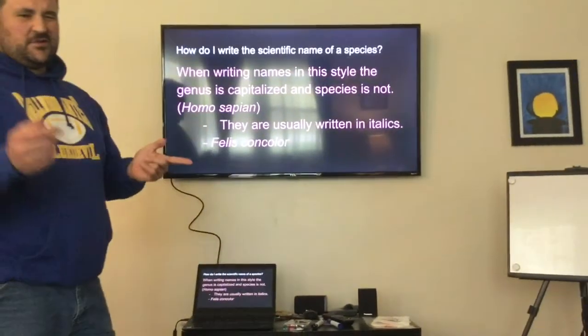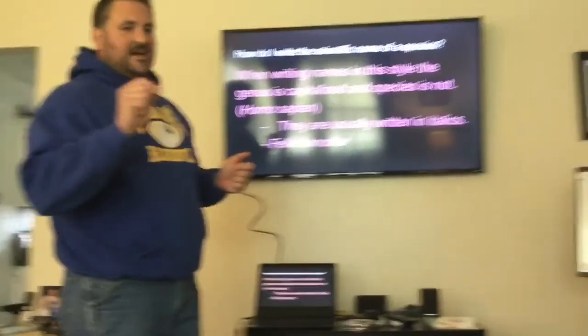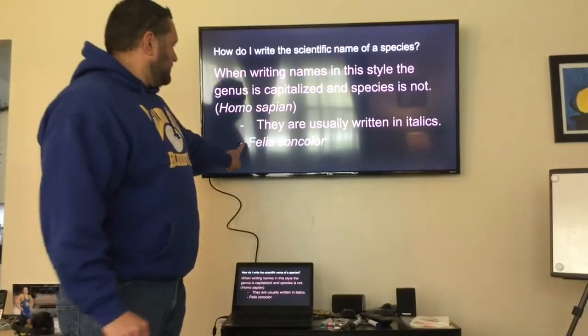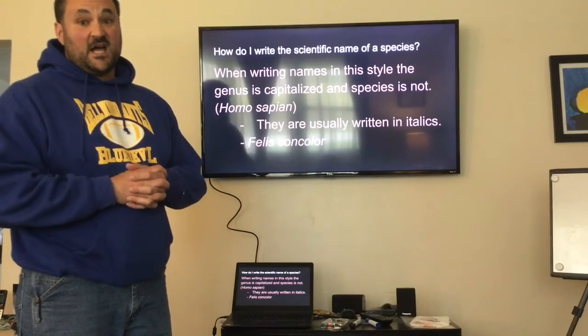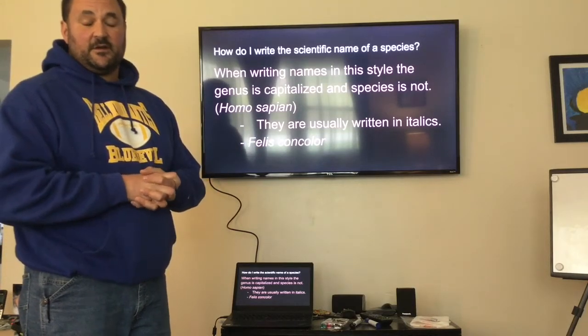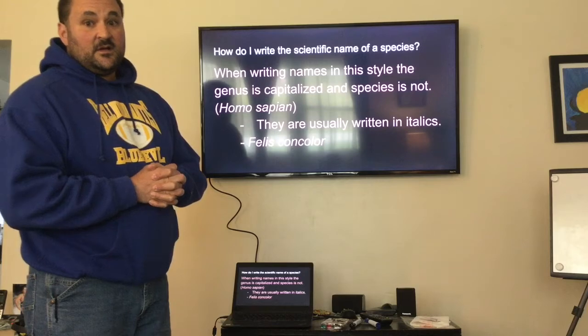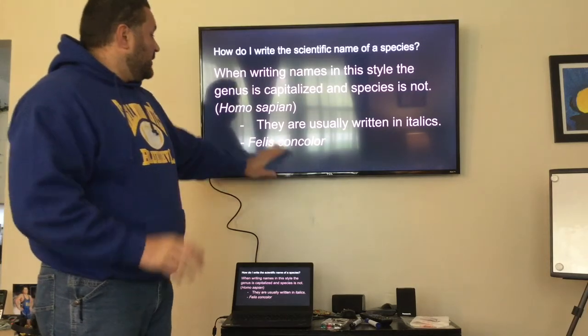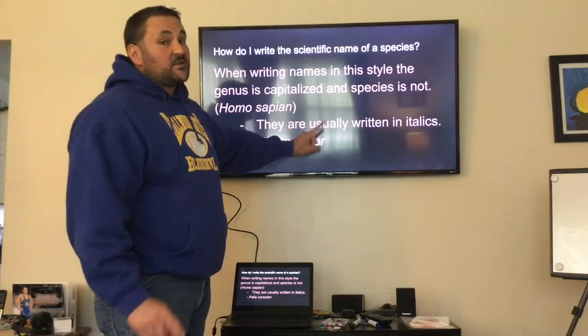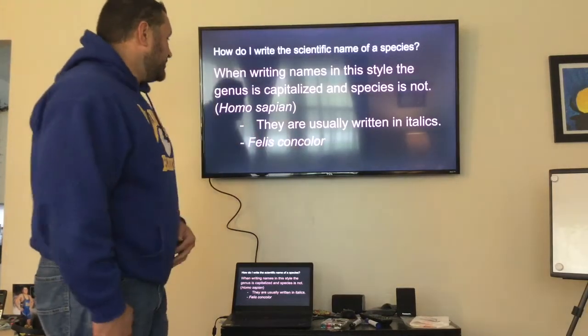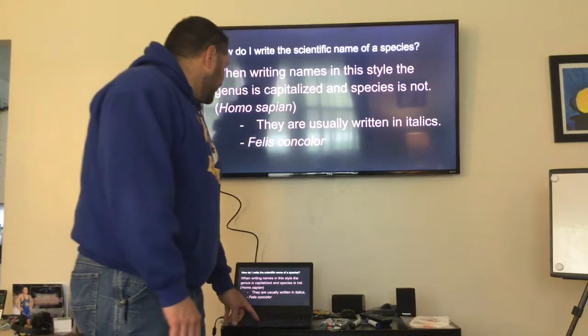Oh, and it's hard to do it unless you're typing, but you would italicize it. Felis concolor. Any guesses as to what that is? It's in the feline category for those of you playing along at home. Well, if you didn't know, Felis is the cat family, and Felis concolor is actually a mountain lion, which we do have some mountain lions here in PA, not very many.